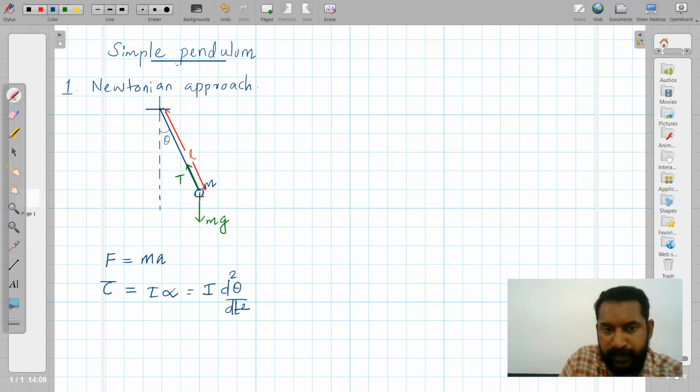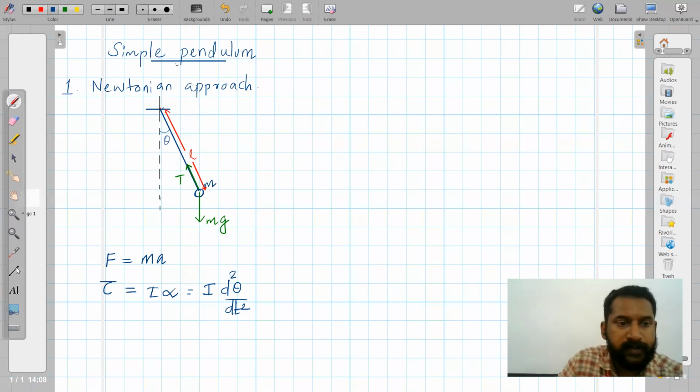When the mass is at an angle theta from vertical, you can split this mg into two components. One component is opposite to the tension and it will balance the tension. The second component will be in this direction. The resultant of these two components gives you this mg.